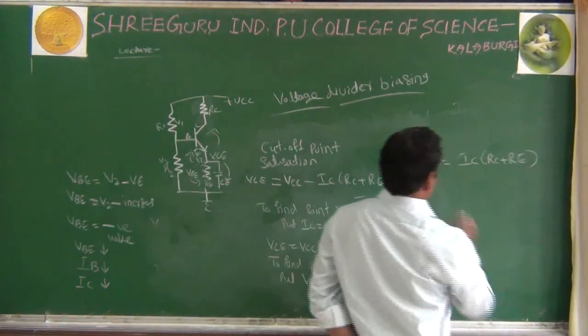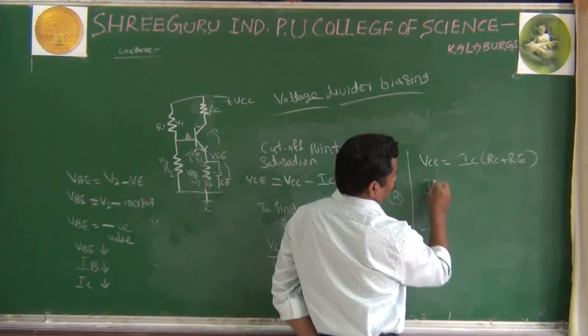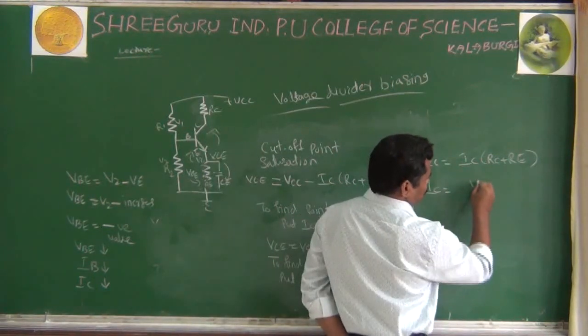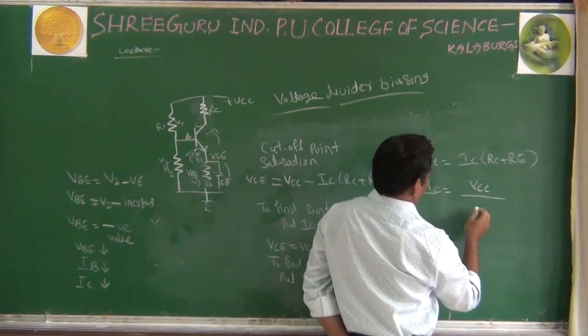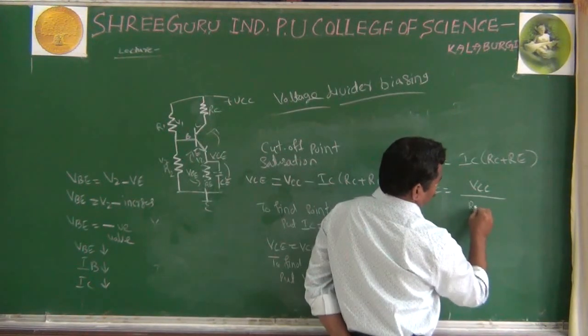Or you can write IC equal to VCC divided by (RC plus RE).